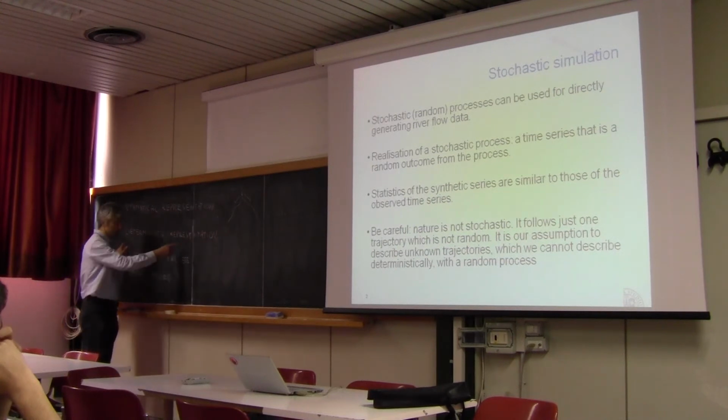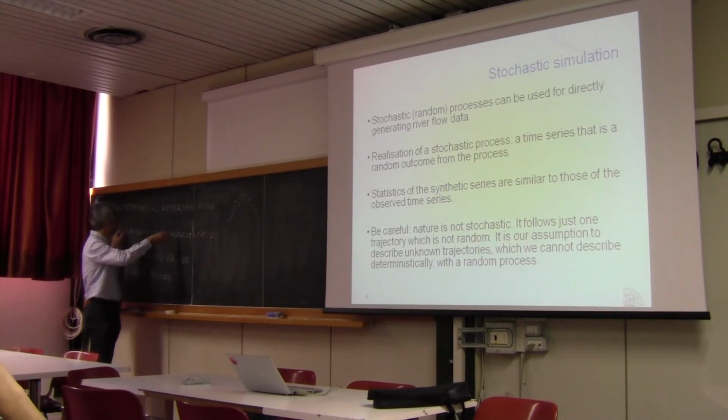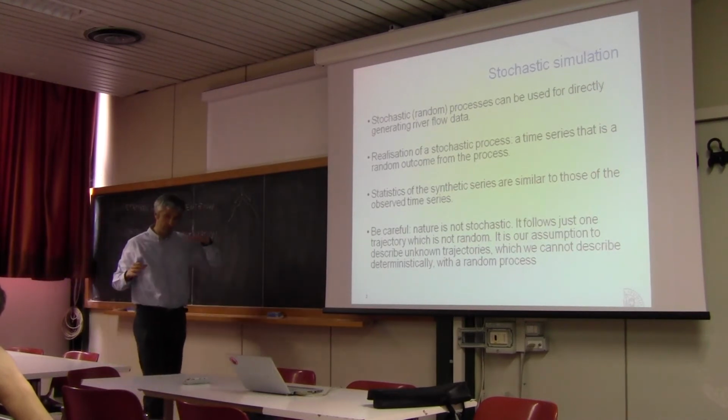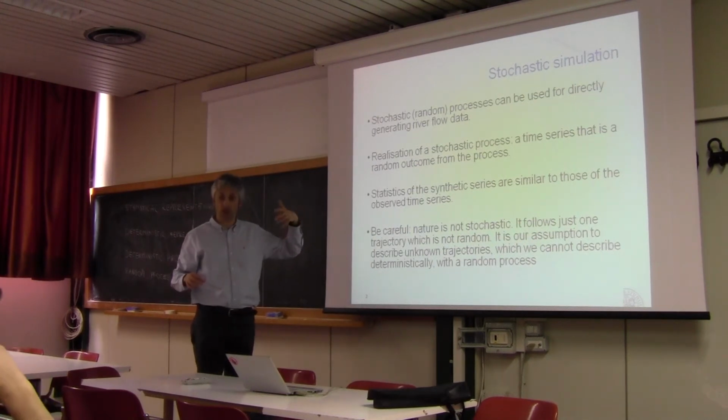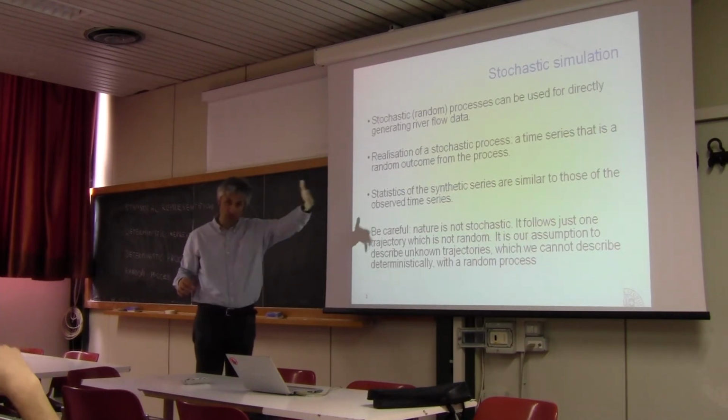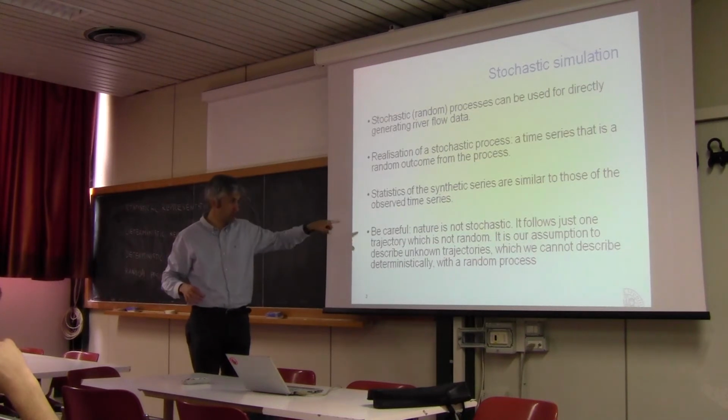So in the deterministic representation, what we model is an approximation of what we observe. In the statistical representation, what we model is basically a general underlying process which is stochastic or statistical or random, which can give different outputs. One of these outputs is what we observe.